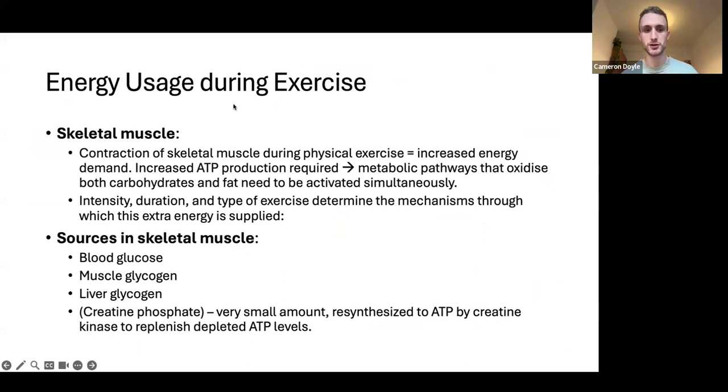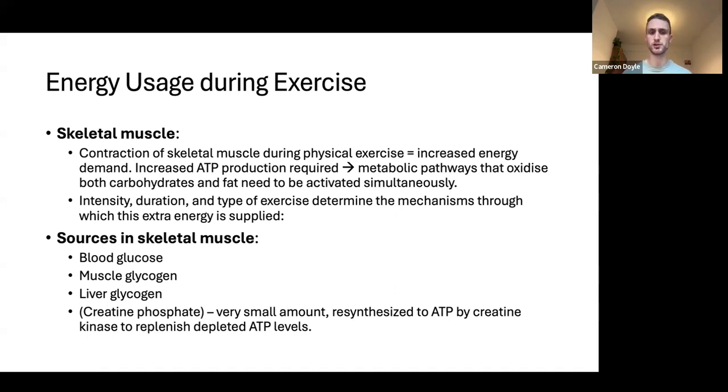So, energy usage during exercise. During exercise, your skeletal muscle is contracting, you're using a lot of energy, and you have increased ATP demand. So you need to activate both pathways that are oxidizing carbohydrates and fats at the same time. There are various things, such as intensity, duration and type of exercise, that affect the mechanisms through which the extra energy is supplied.